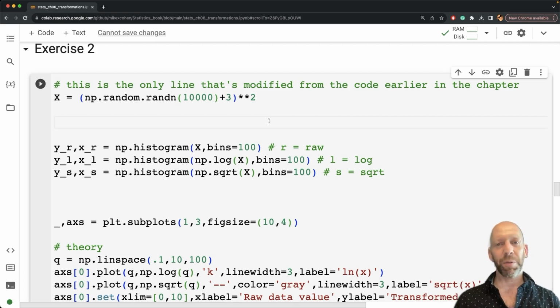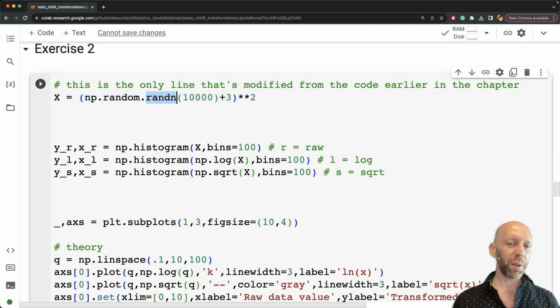Otherwise, feel free to copy and paste that code and modify as you need. In fact, the only thing that I've modified from earlier in the chapter is this line here. Here I create normally distributed random numbers. Originally it was Gaussian distributed numbers squared, but now I'm just adding 3 before squaring. So we're just shifting the data.